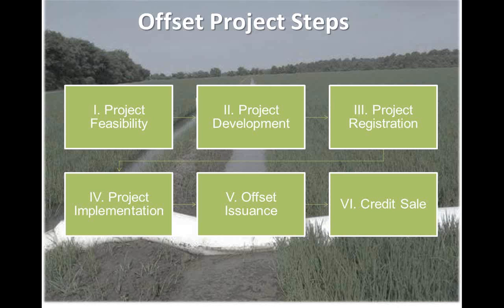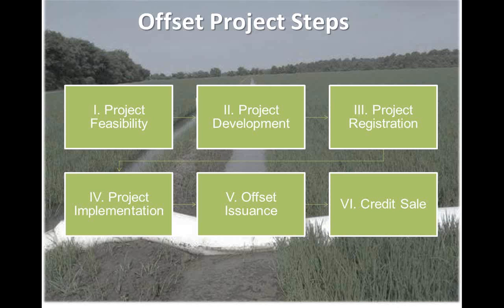Once you know what your emission reductions are, then you can go through what I call the paperwork phase of this, which is generating all of the documentation and paperwork to go through the voluntary or regulatory system to generate the credits. And then you implement the project.